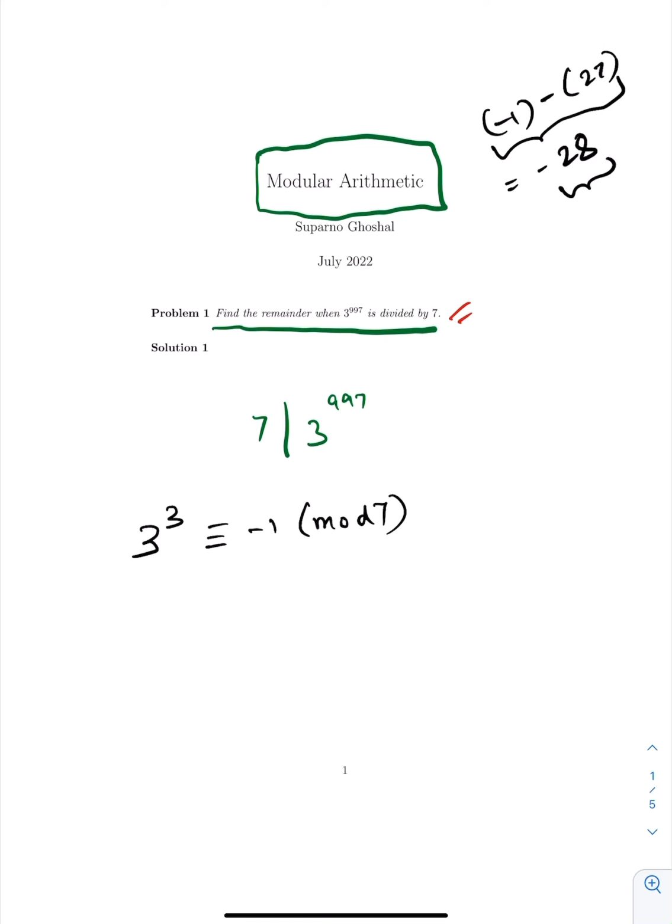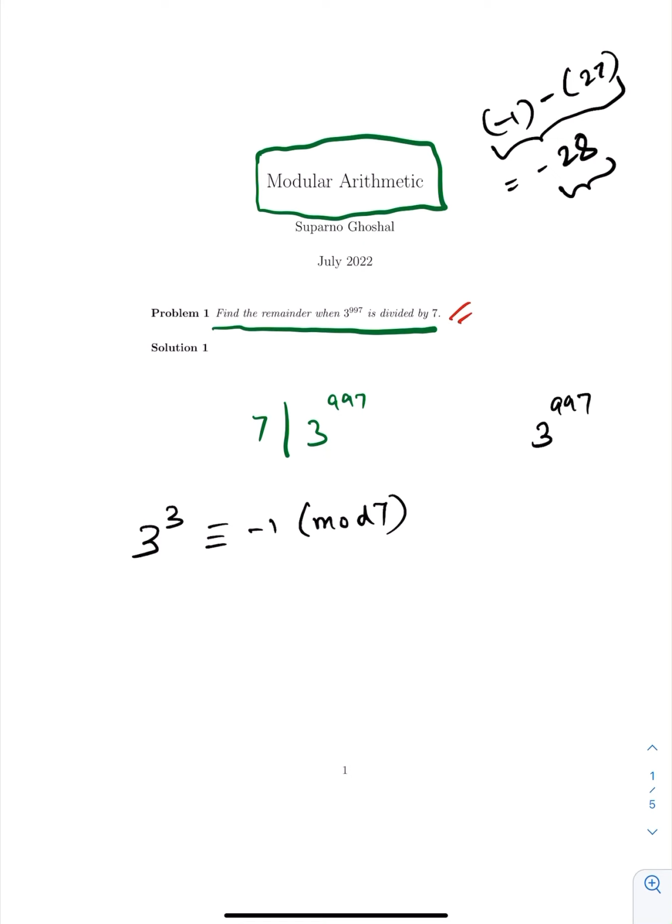Now the important thing to note is how close we can reach to this power. Clearly, any number that's divisible by 3 should get us very close to that power.